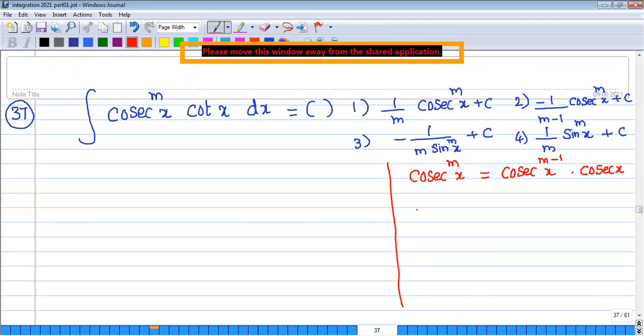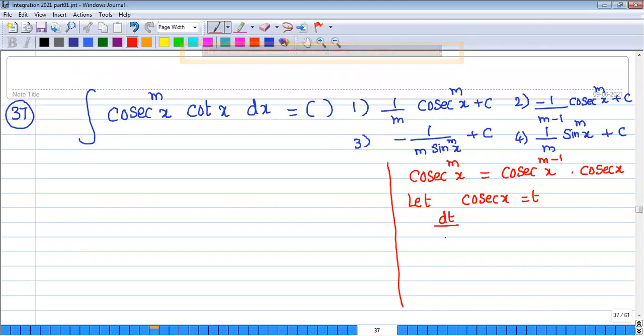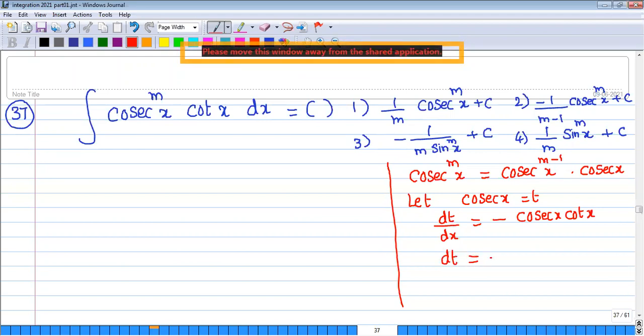So now let us say this cosecant x equals t, then dt by dx equals minus cosecant x cot x. Now the dt becomes minus cosecant x cot x dx. Right.